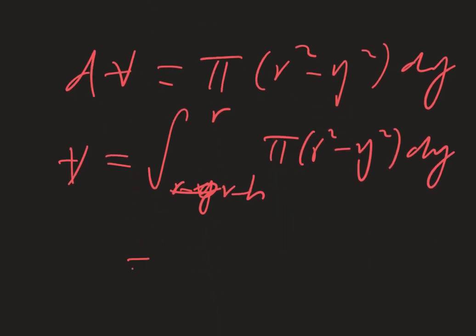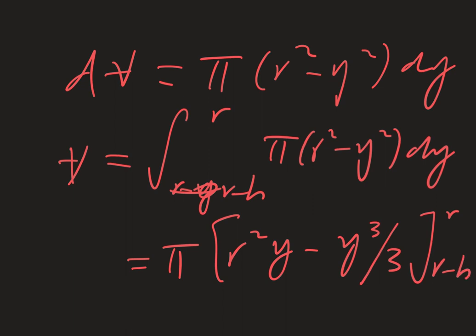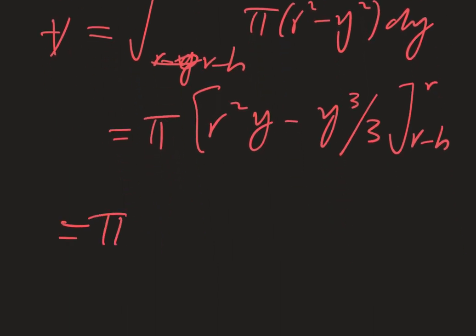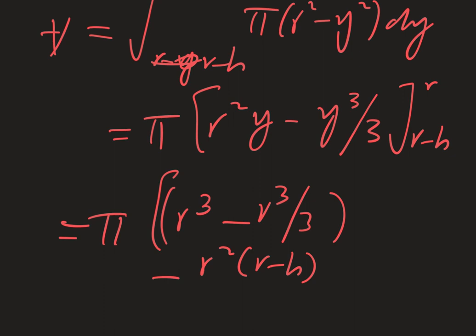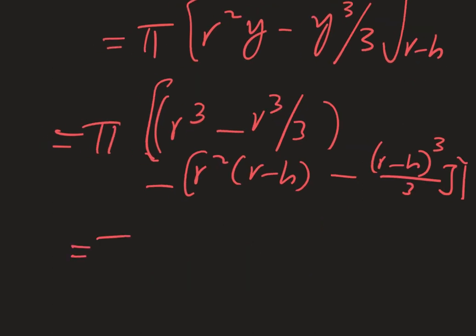Integral of pi, r squared minus y squared, dy, equals pi times r squared y minus y cubed over 3, from r minus h to r. So this is r cubed minus r cubed over 3, minus r squared times r minus h minus r minus h cubed over 3. So this is pi times 2 over 3 r cubed.